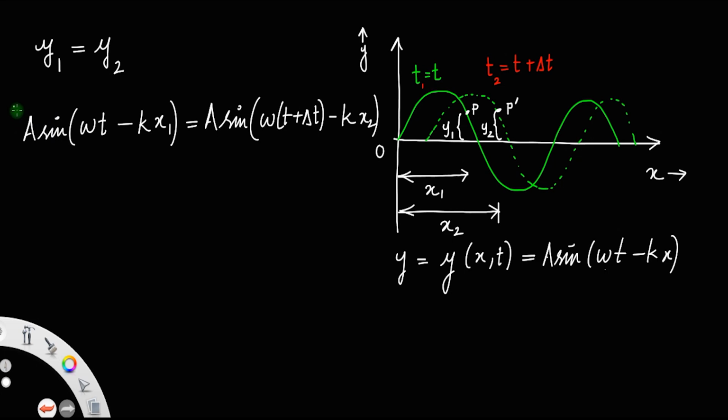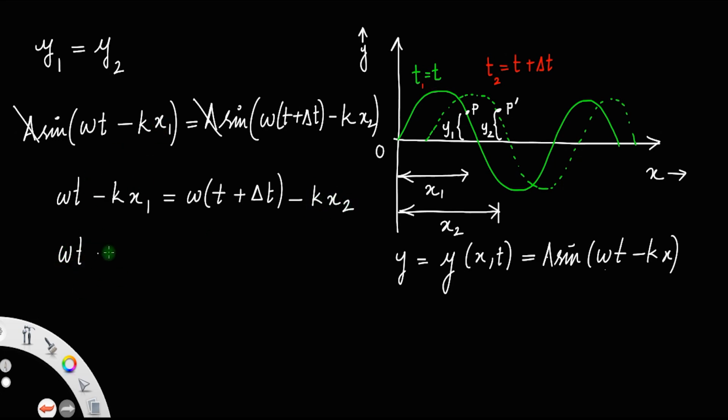Clear, you can cancel this one and this one. Sine of this equal to sine of this means omega t minus k x1 is equal to omega times t plus delta t minus k x2. Clear, so omega t minus k x1 is equal to omega t plus omega delta t minus k x2.